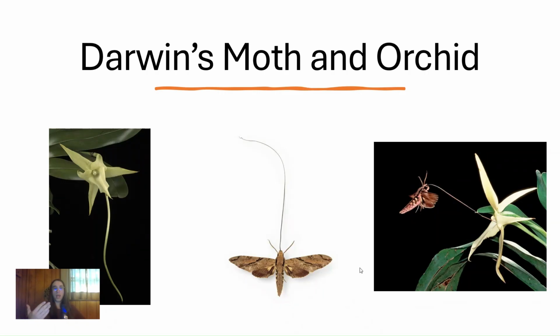And when it is drinking the nectar, it's rubbing its face up against the part of the flower where the pollen is, and it's getting that pollen on itself. When it goes to another orchid, it's dropping that pollen off, fertilizing the orchid, and the pollination process is essentially complete.